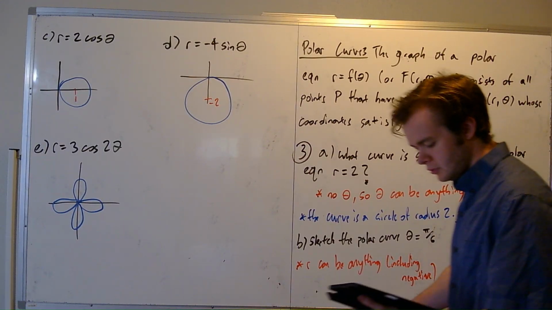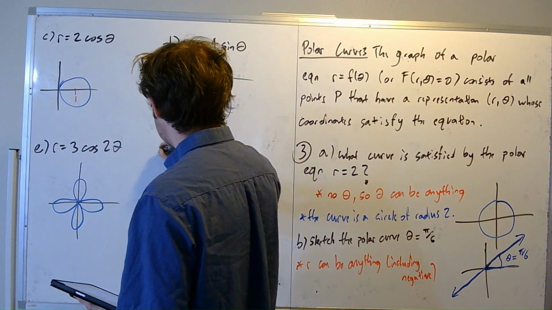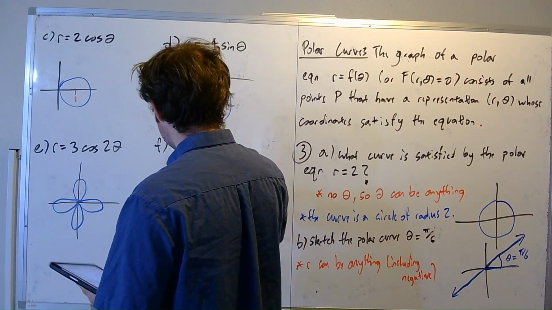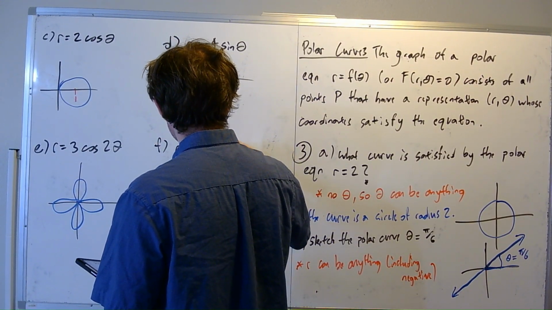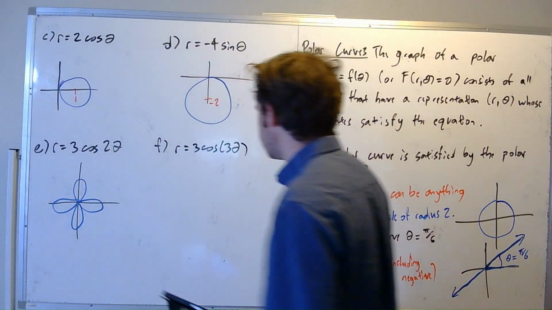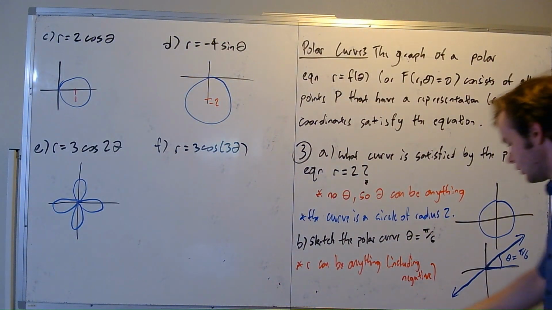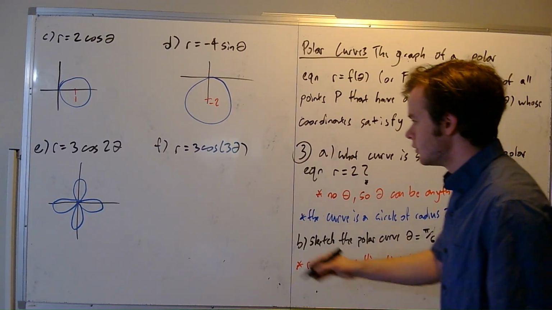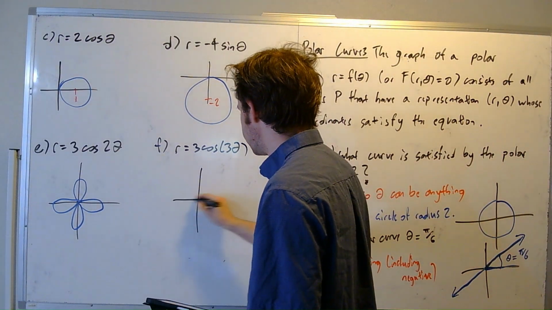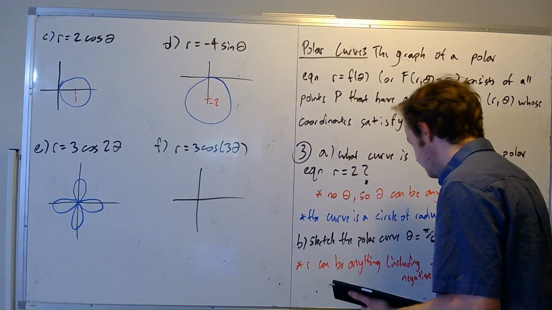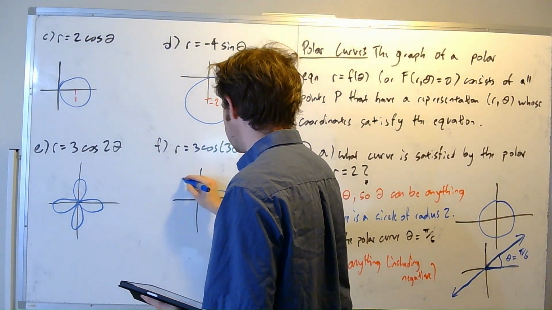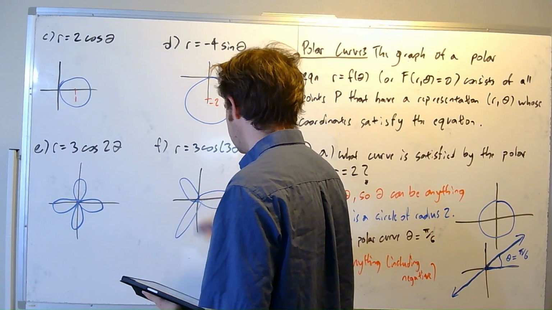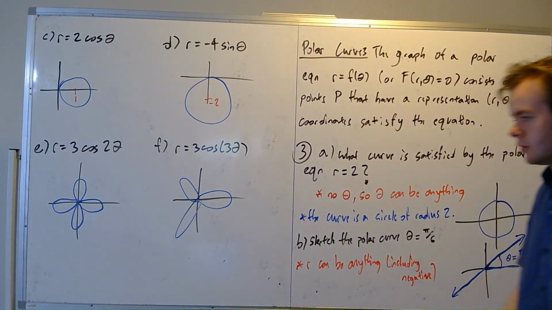And let's say just our last example here is part F. If r equals 3 cosine of 3 theta, you just start plugging in different values of theta, and you're going to get a graph that looks like this. So that would be your answer there.